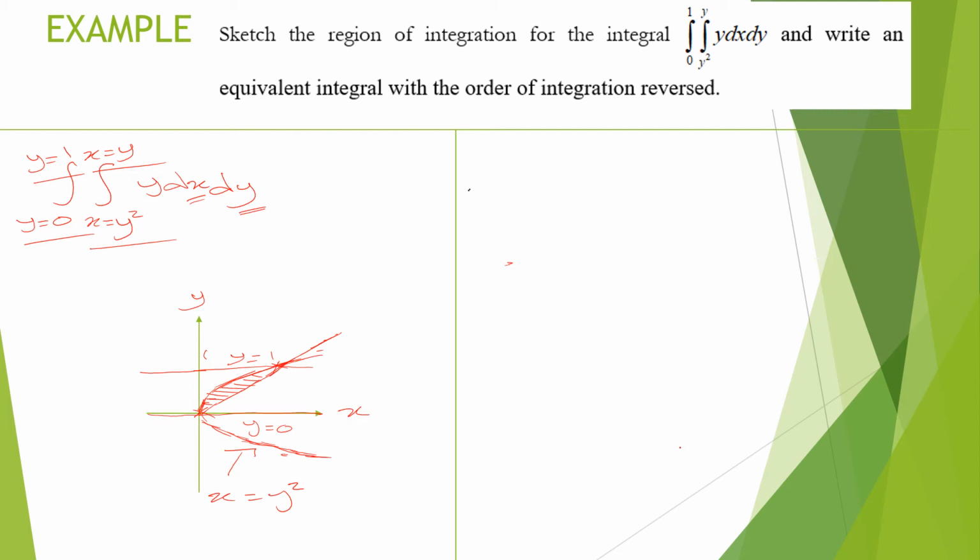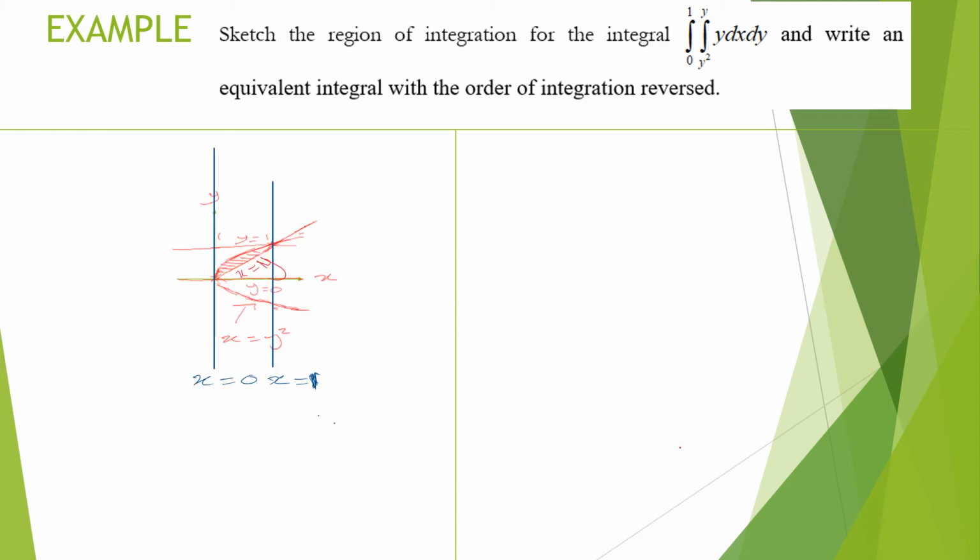Before this we had parallel horizontal lines. Now we have to change into parallel vertical lines. So look at our parallel lines, which are vertical lines, blue in color here.